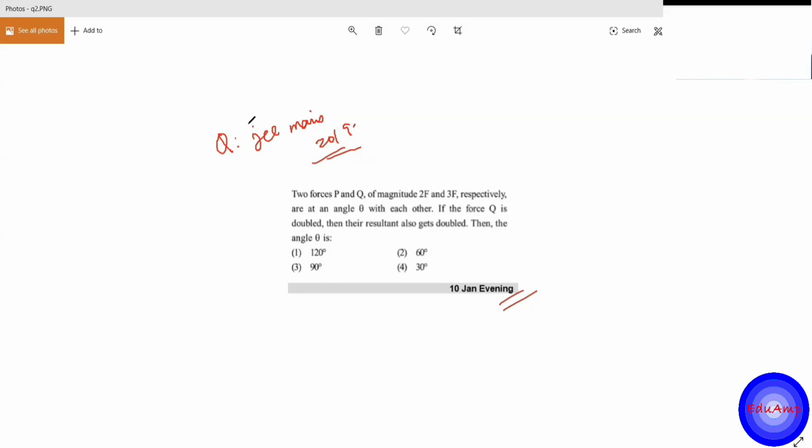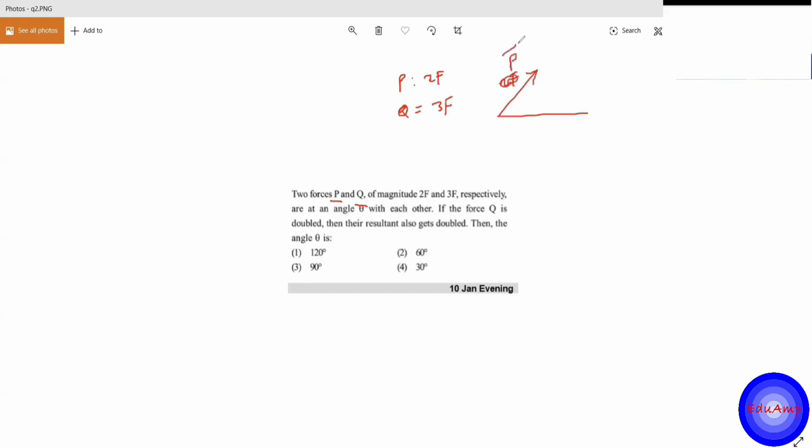So, there are two forces P and Q. P has magnitude 2F and Q has magnitude equal to 3F, right? And they are at an angle of theta. So this is P vector, let's say. The magnitude of P vector is 2F, like this.